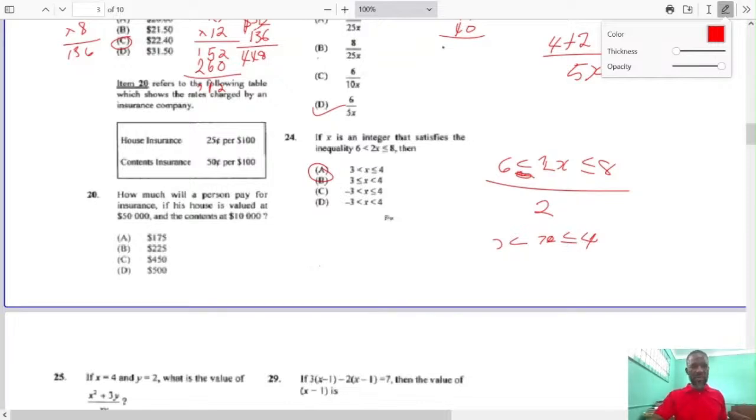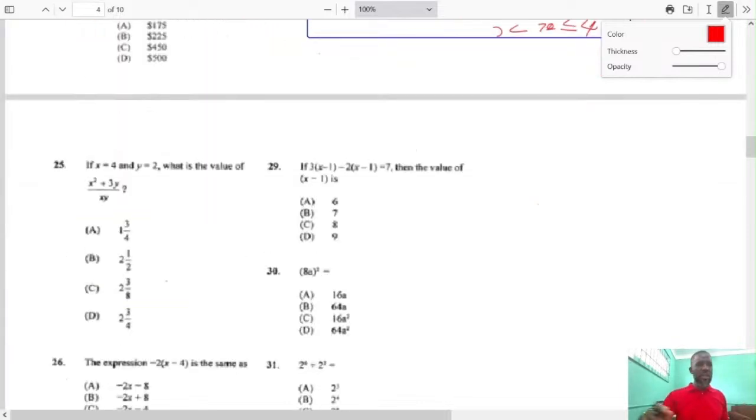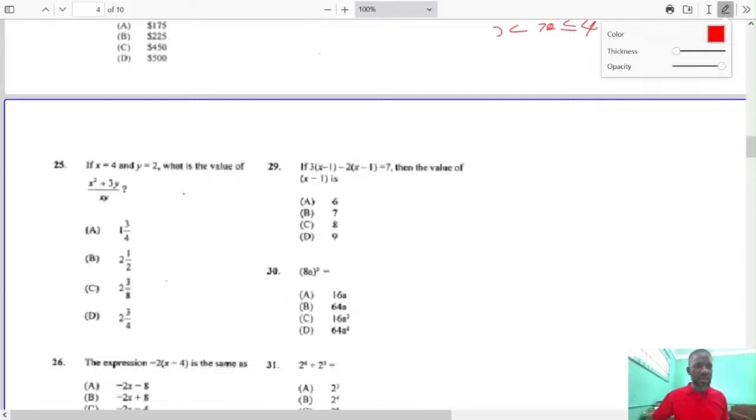All right, so let's move on to number 25. It says that if x equals 4 and y equals 2, what is the value of x squared plus 3y divided by xy? Again, apply the same concept. We're going to do substitution. So x is equal to 4.